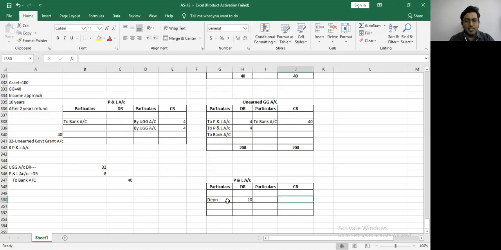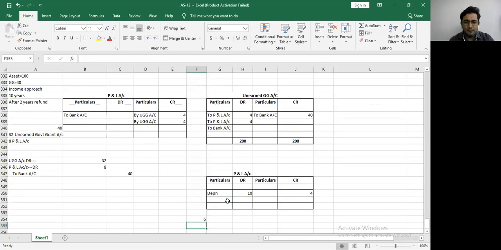Okay. How much did you transfer from the unearned government grant account to the profit and loss account in the first year? 4. Now please understand, I first let you debit 10 rupees, and out of that you credited 4 rupees, so what net effect came in P&L? Only 6 rupees. Yes or no?